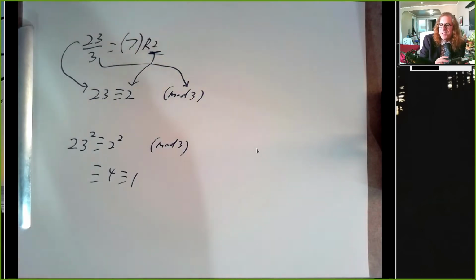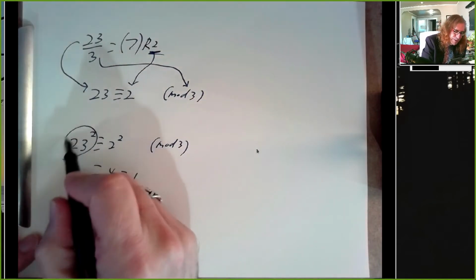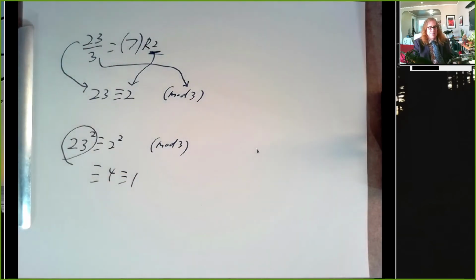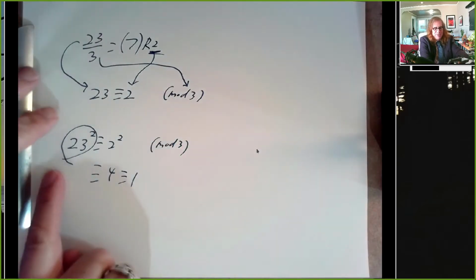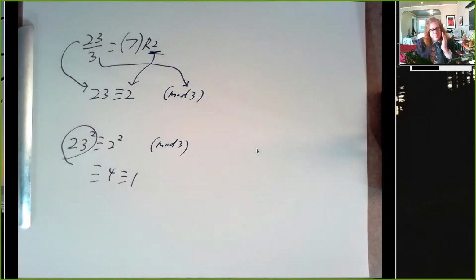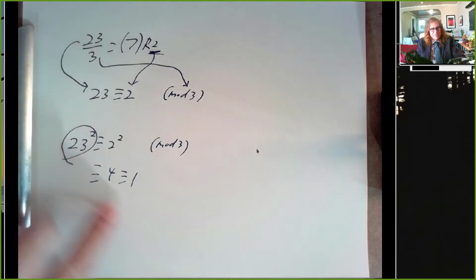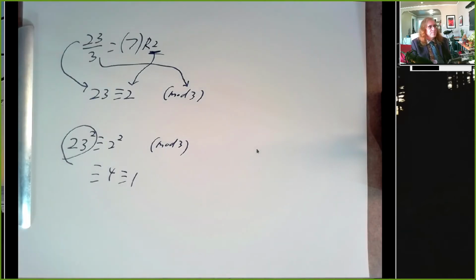So without doing any big complex math, I know if I take 23 and square it, it's 1 more than a multiple of 3. That's the whole power of modular arithmetic, because I can work with these tiny little numbers over here and make statements about really big numbers over there. I know that 23 to the 8th is going to be 1 more than a multiple of 3. I did it in my head. Why? Because 23 to the 8th is congruent to 2 to the 8th, which is 4 to the 4th, and 1 to the 4th is 1.